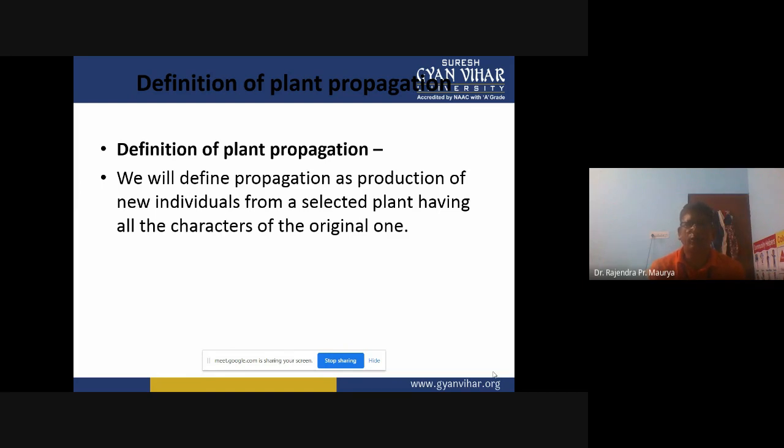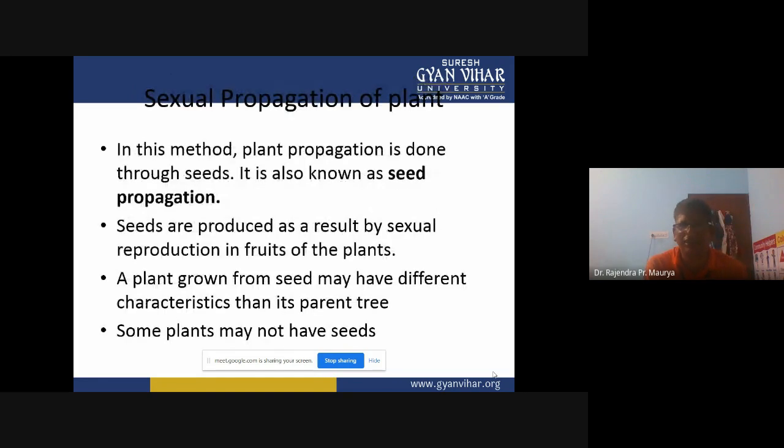In vegetative propagation, the produced plants are exact replicas of the mother plants, and they will bear the same size and same quality of flowers and fruits. That's why vegetative propagation is very important and very popular.